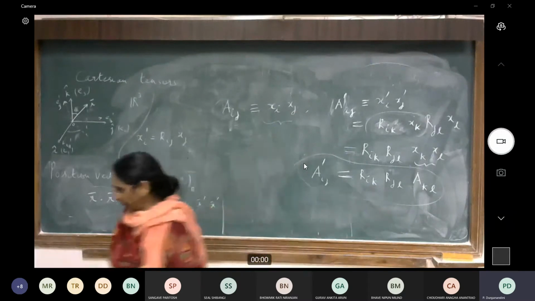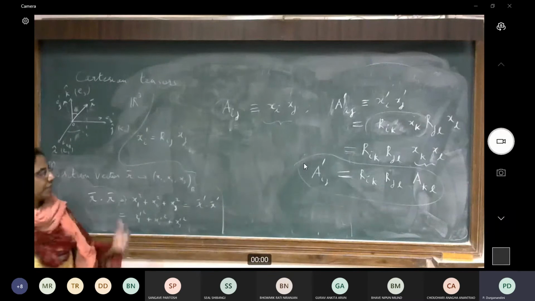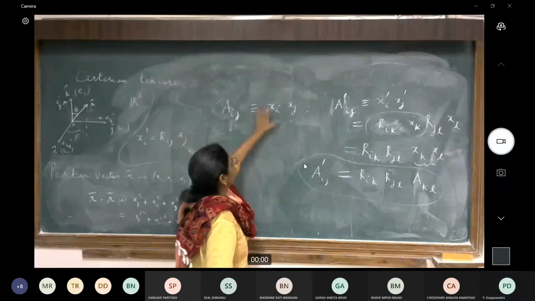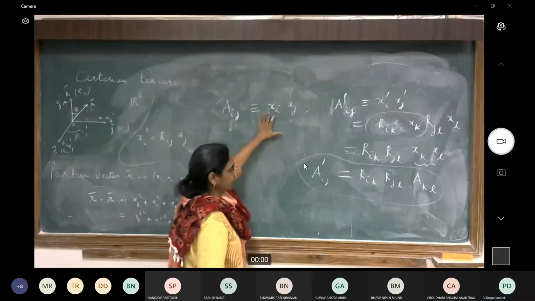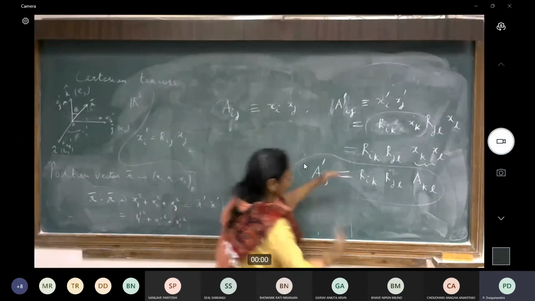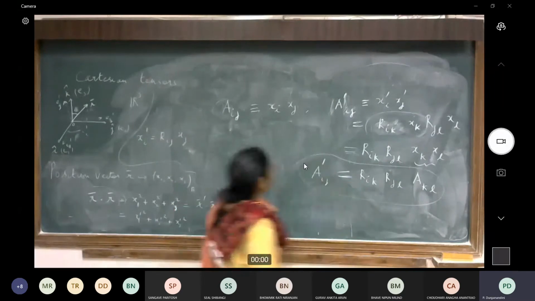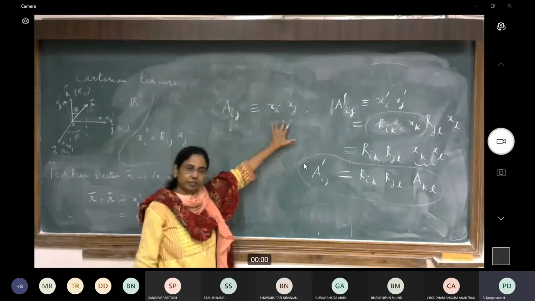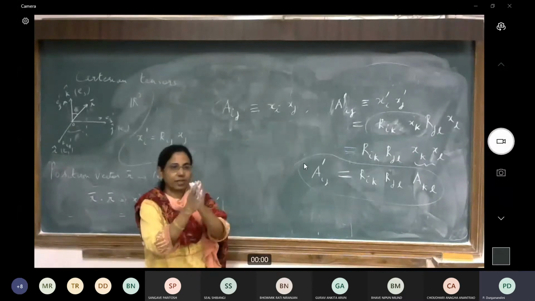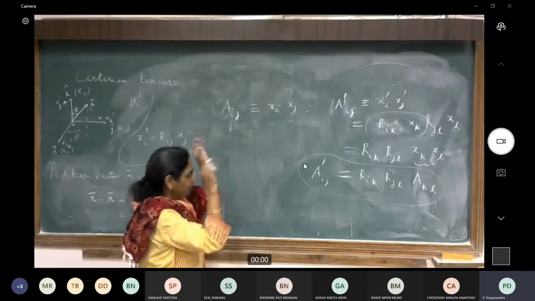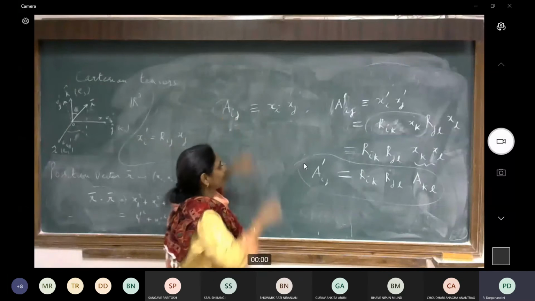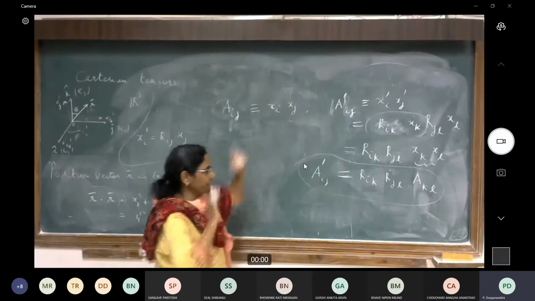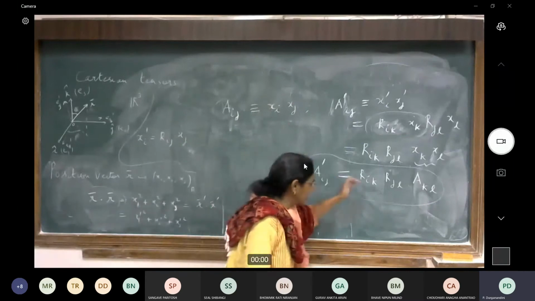So what I did was construct, from our vectors, a quantity with definite transformation properties under rotation, which was this. And this is what is called an outer product of the vectors. The inner product was like multiplying, in quotes, two vectors to give you one number. If I multiply two vectors in quotes, I can get the outer product, which gives you a set of 9 elements, and you can see that it transforms like this.